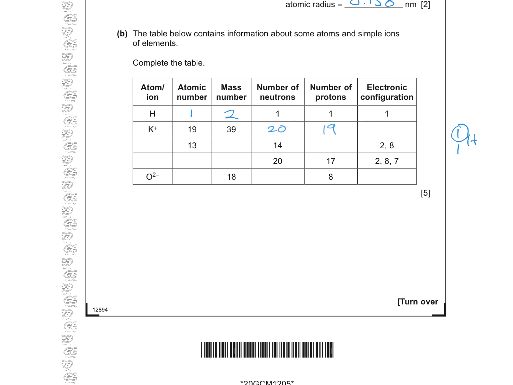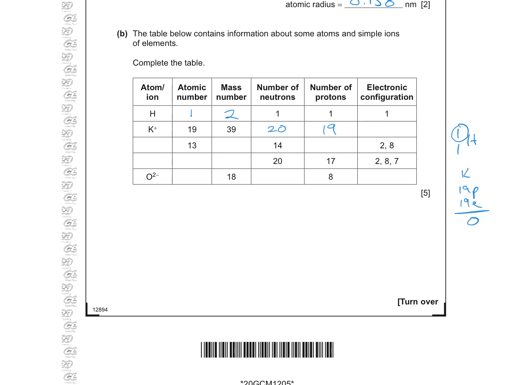Again, you need to be careful here that you don't just think, okay, 19 protons, there'd be 19 electrons. In an atom of potassium, there would be 19 electrons. Atoms are neutral overall.